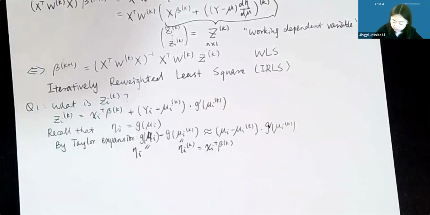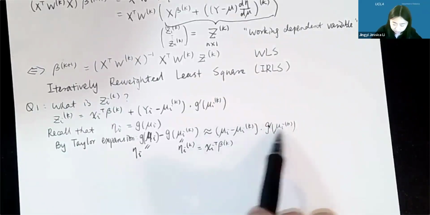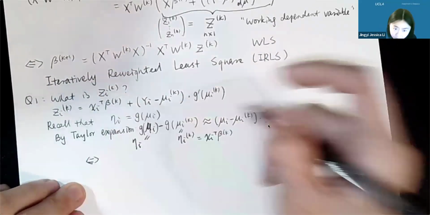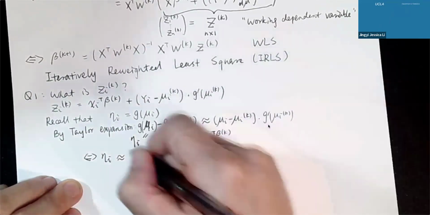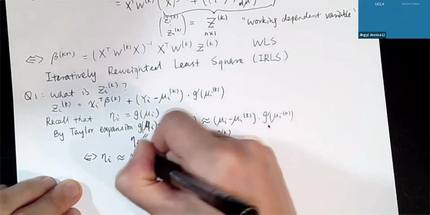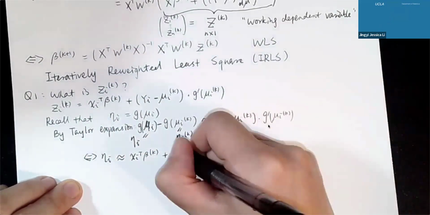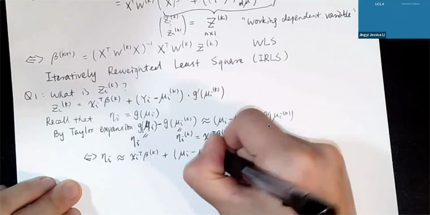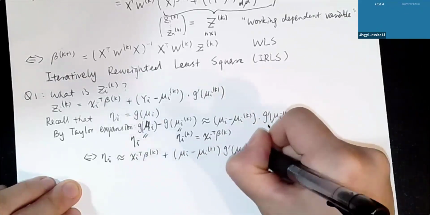So then with this, you see I have eta_i minus x_i transpose beta^k approximately equal to this. Then together, you see that this gives me eta_i approximately x_i transpose beta^k plus (mu_i minus mu_i^k) g prime of mu_i^k.